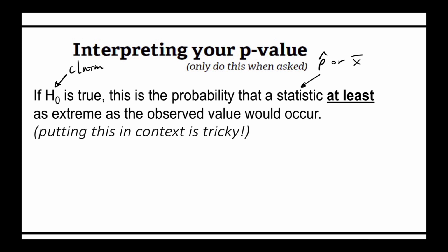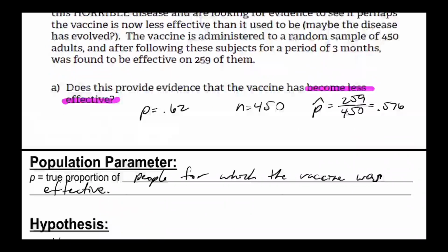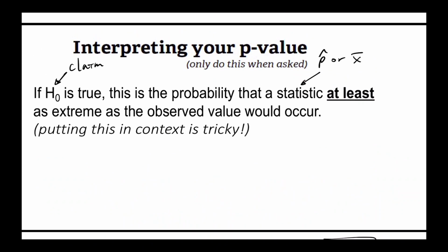So what it's saying is, if the null hypothesis is true, this is the probability that my sample would be what it was, right?